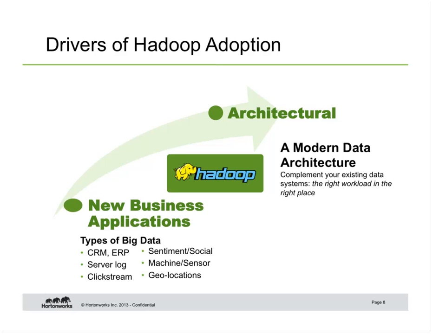We'll go into a few examples there and what some of the needs are around enterprise-ready Hadoop. And then there are architectural drivers: efficiency, and the ability to incorporate these new types of data and store and process at scale. And those two sets of drivers are really why Apache Hadoop becomes a piece of the solution.